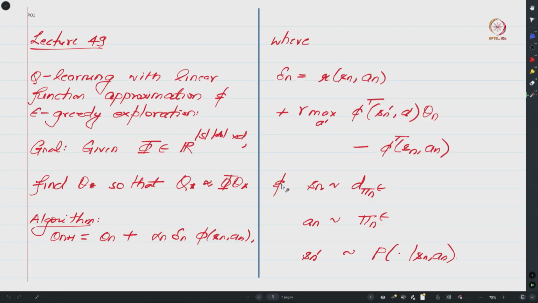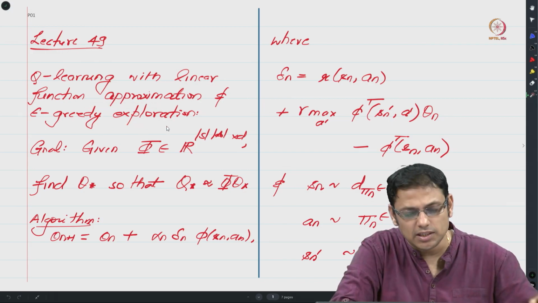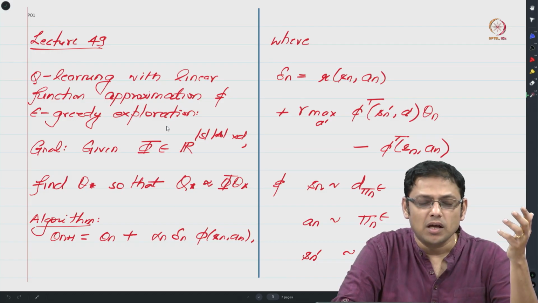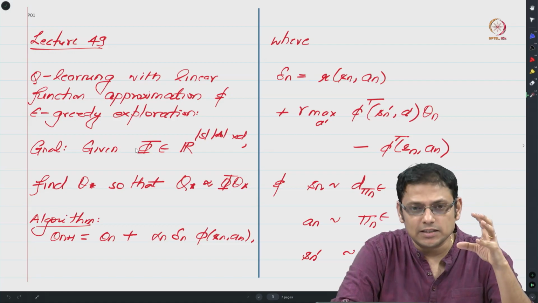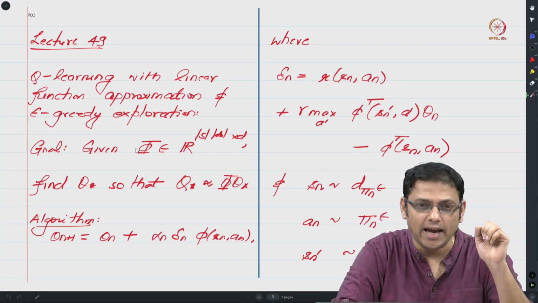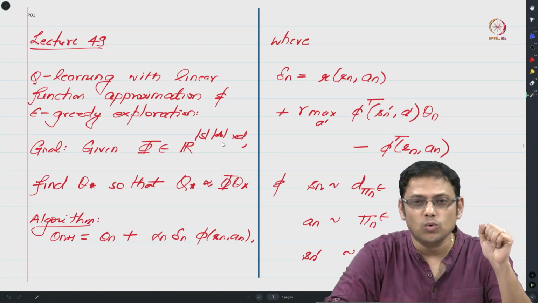With that in mind, let's begin our formal analysis, right? So as I said, our goal is to study Q learning with linear function approximation and epsilon greedy exploration. And just to give you a quick recap, in this problem we have been given some matrix phi, whose number of rows equals the product of the number of states and actions and number of columns equals d, right?